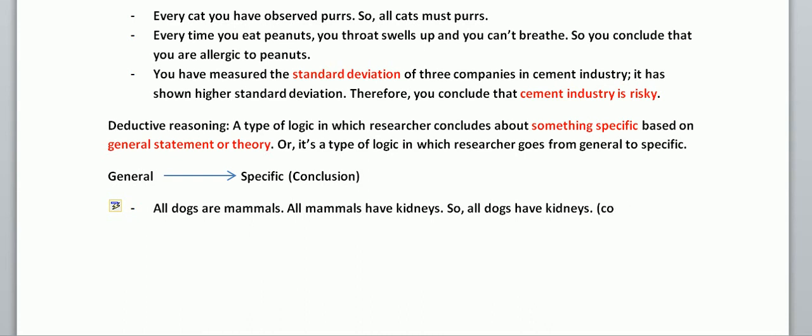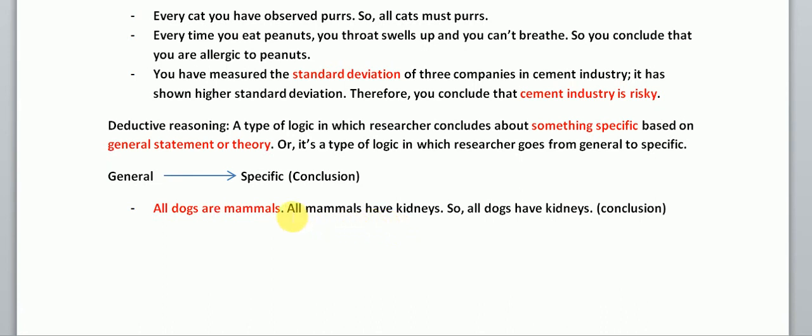And now you know which kind of conclusion this is. This is the general theory, the general statement, and we are using this general statement to conclude about something specific. We say all dogs are mammals. This is a theory, this is a truth. Then we say all mammals have kidneys.